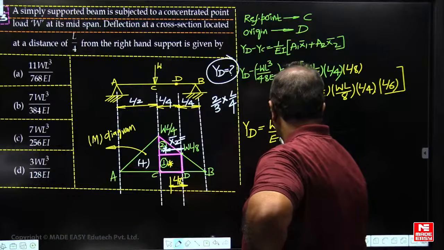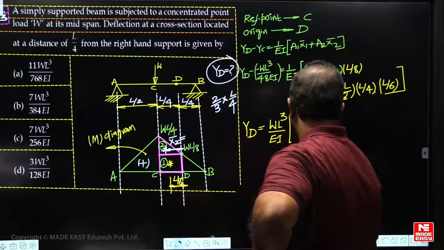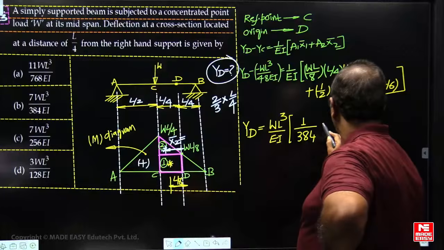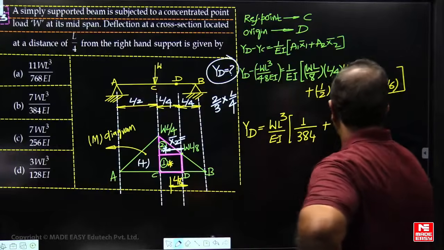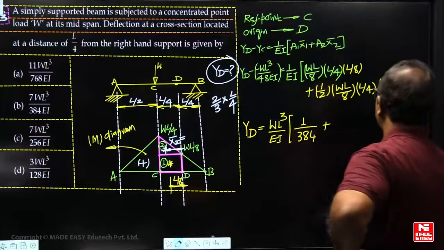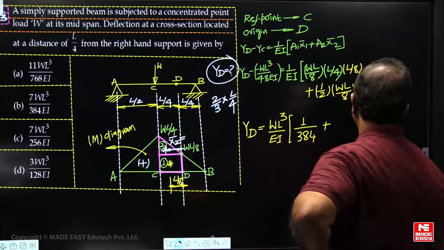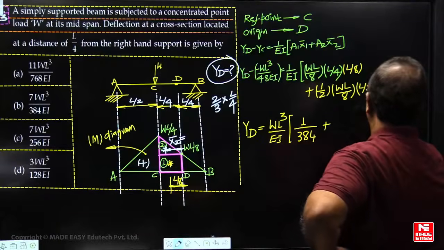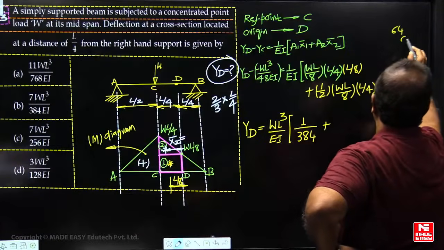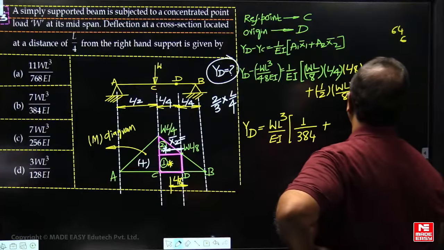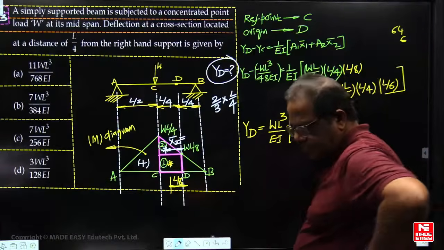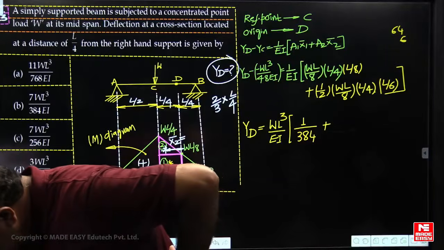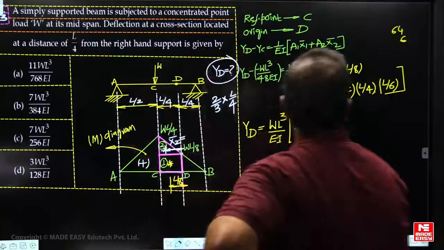WL cube upon EI. So this is 16. Now complete this calculation. So this one is 256.